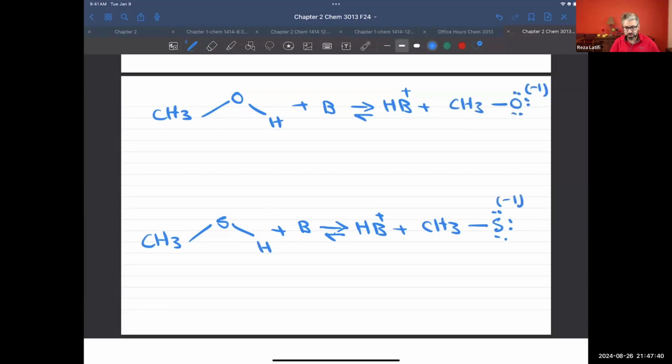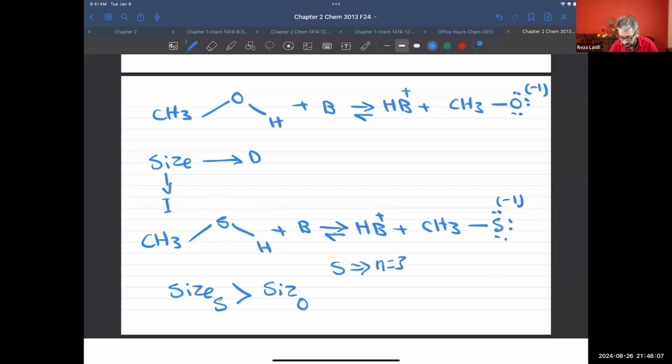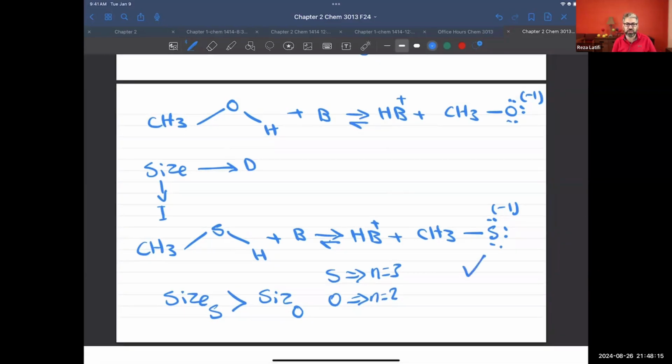Sulfur is -1. Remember, the size of the element decreases to the right side of the periodic table, and down in any group it increases. So sulfur has a bigger size than oxygen. Sulfur belongs to n equal 3, the third period, and oxygen belongs to n equal 2, the second period. It means this one is more capable of handling the negative charge.